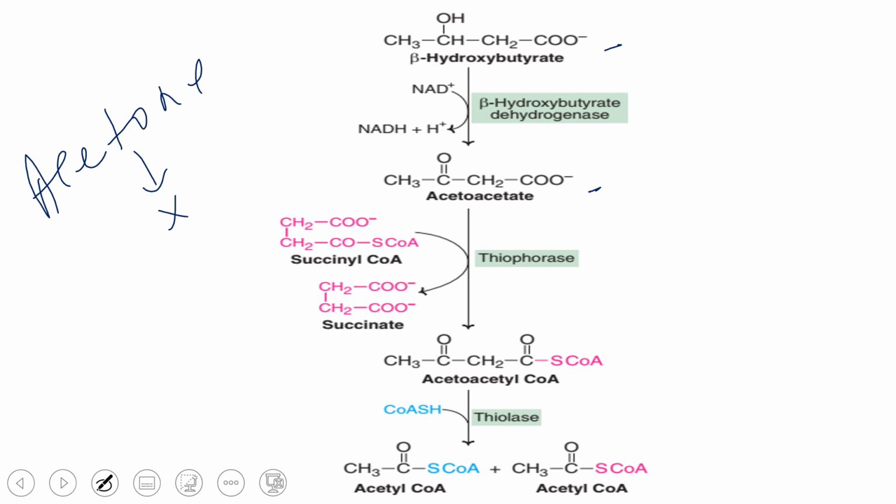First beta hydroxybutyrate is converted into acetoacetate by dehydrogenase enzyme. Then acetoacetate is converted into acetoacetyl coenzyme A with the help of thiophorase enzyme, and then acetoacetyl coenzyme A is hydrolyzed by the thiolase enzyme.